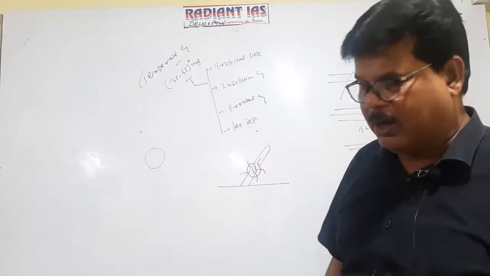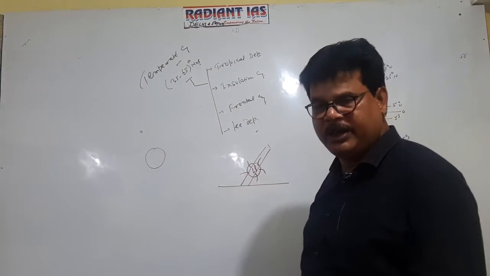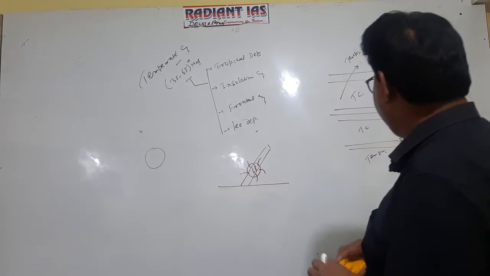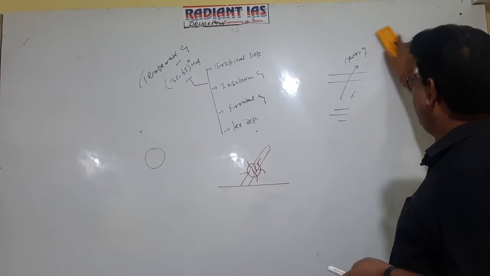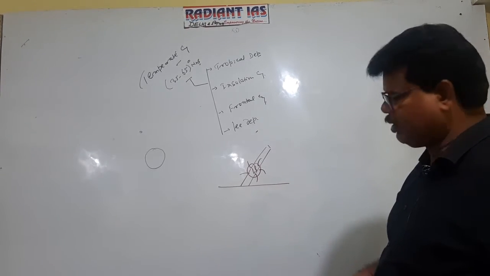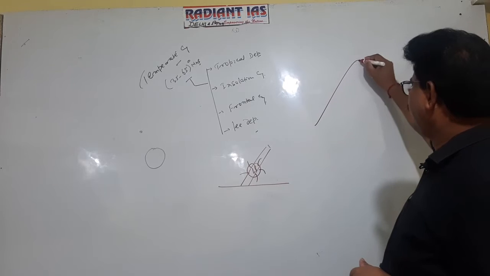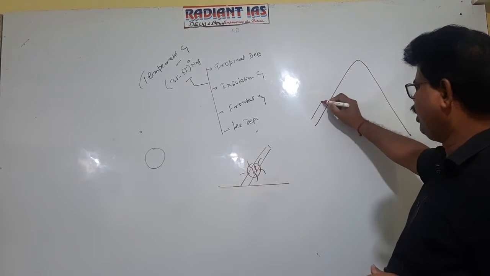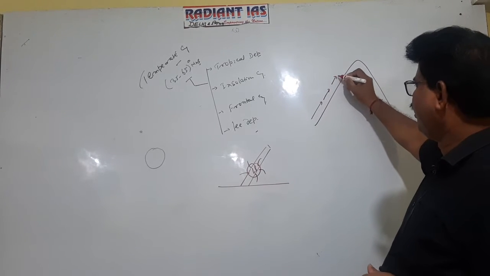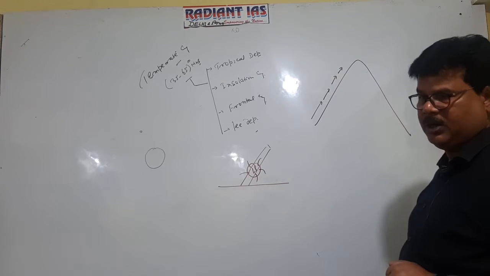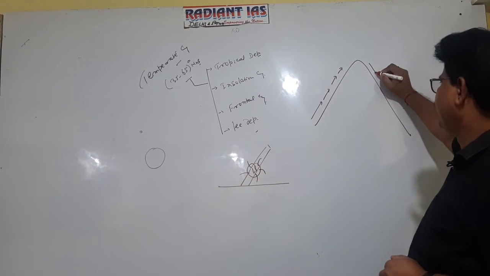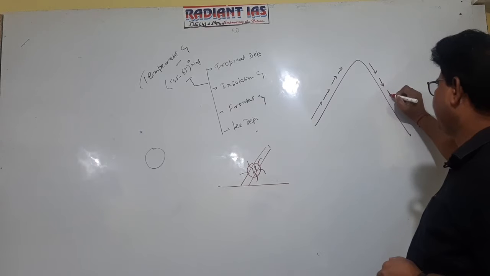Getting well now? Actually, the fourth category is lee depression. Okay. Actually, you see, suppose this is a hilly zone, mountainous area. So if the wind ascends along the slope of the mountain, or if the wind descends along the slope of the mountain, it is clear now?